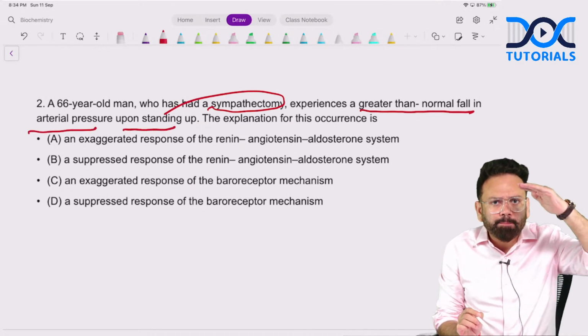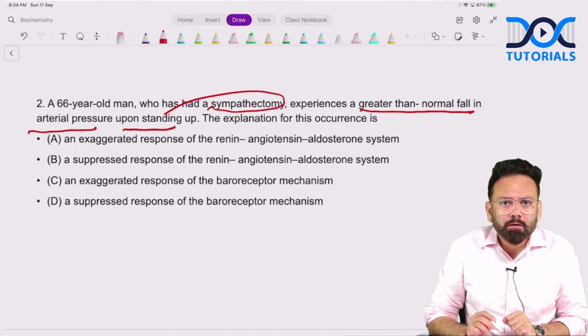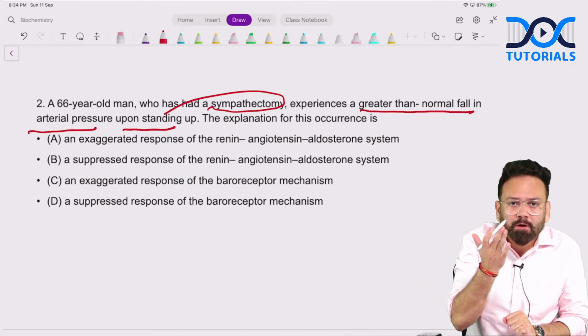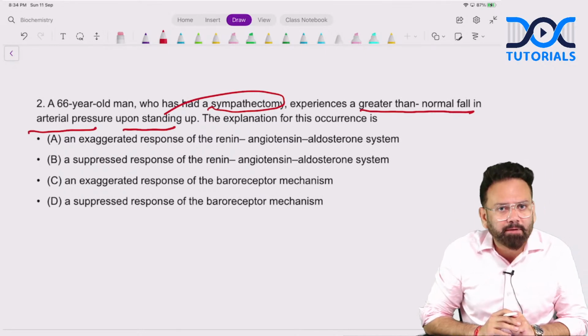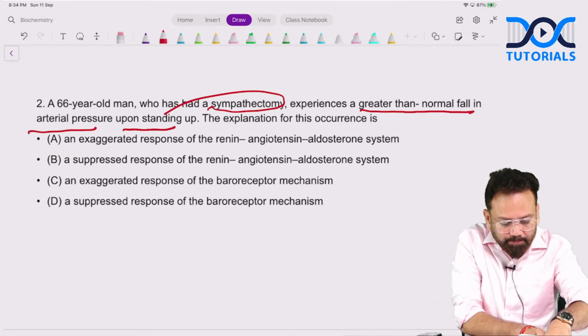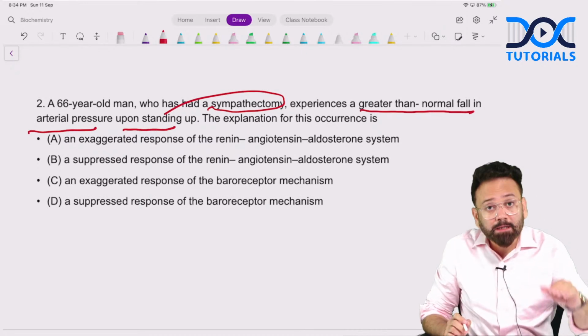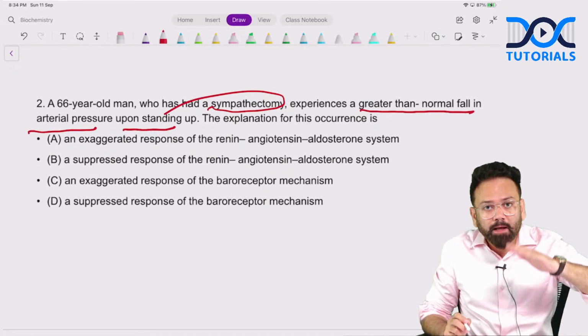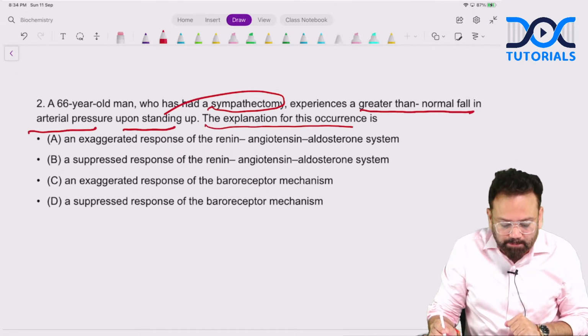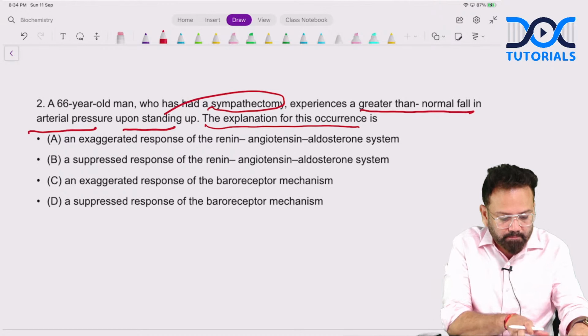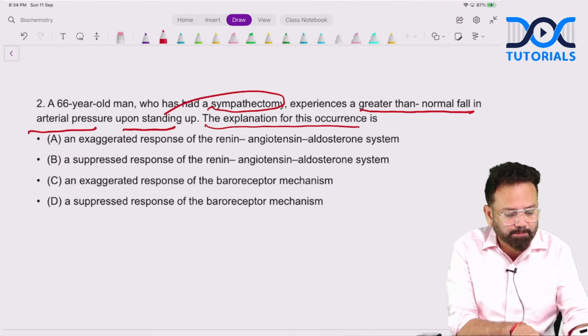When you stand up, normally BP does not fall. If it falls, it becomes normal because of maintenance by the baroreceptor, chemoreceptor and CNS ischemic reflex. But in this patient there is a greater than normal fall. What can be the explanation?